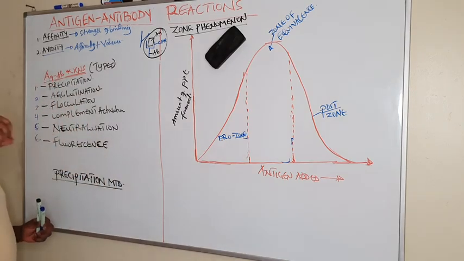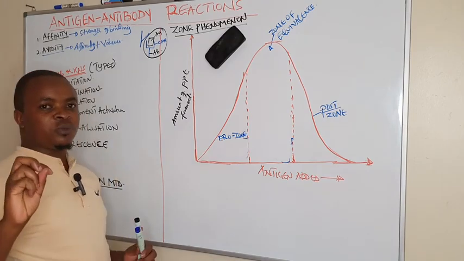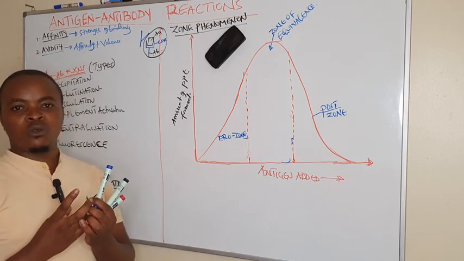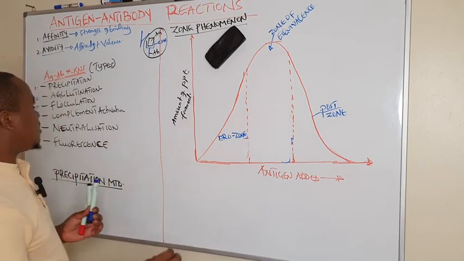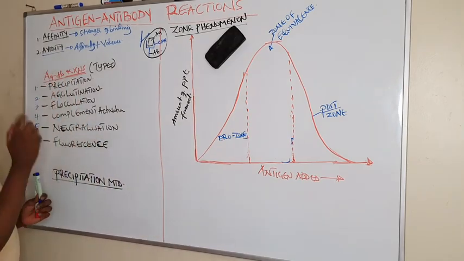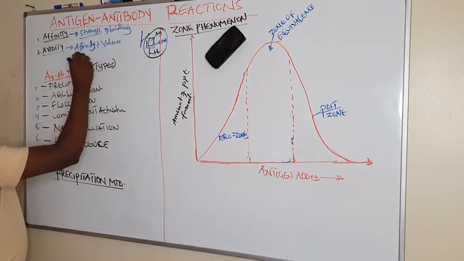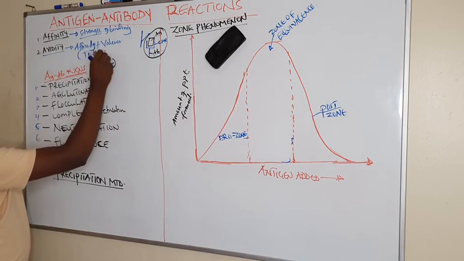So if you gather the strength between each epitope interacting with the paratope and you come up with the total, that is what we know as avidity. So avidity is the total strength, while affinity is the strength of a single interaction.